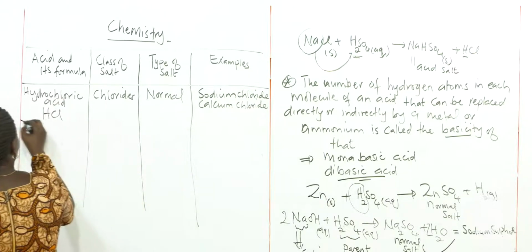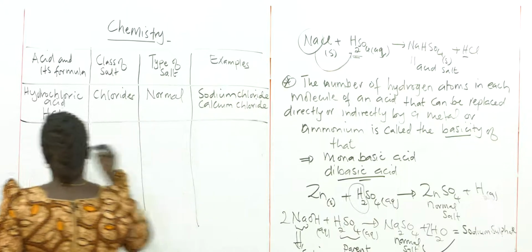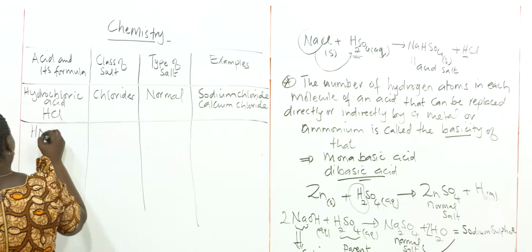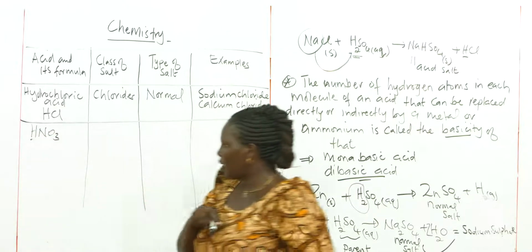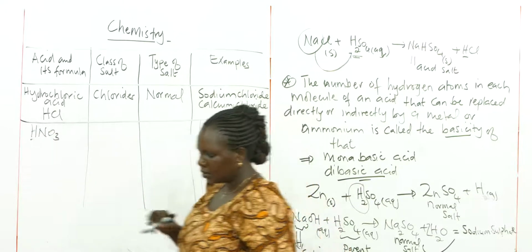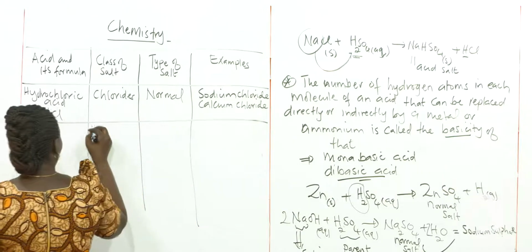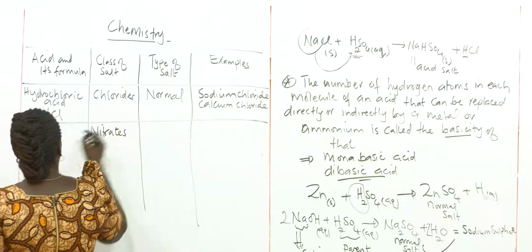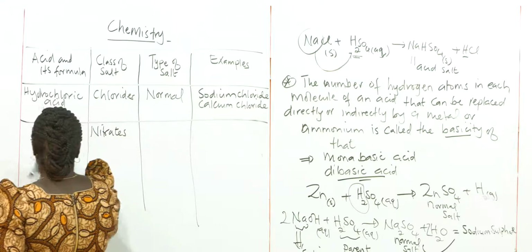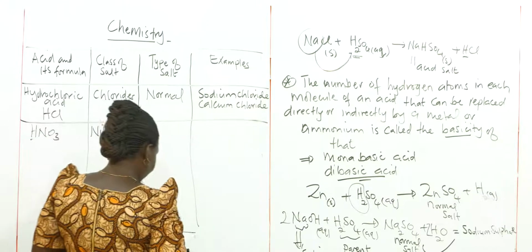Then we have nitric acid. Nitric acid is also a monobasic acid with only one hydrogen atom. The class of salt that we get from nitric acid is nitrates, because the parent acid has got group of nitrates.